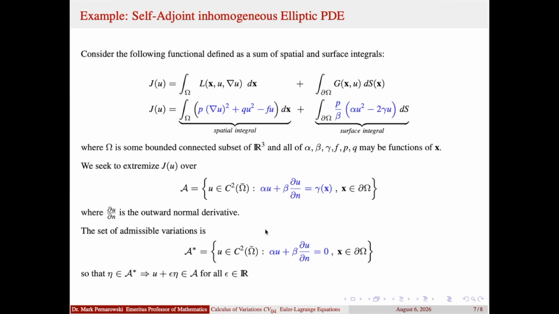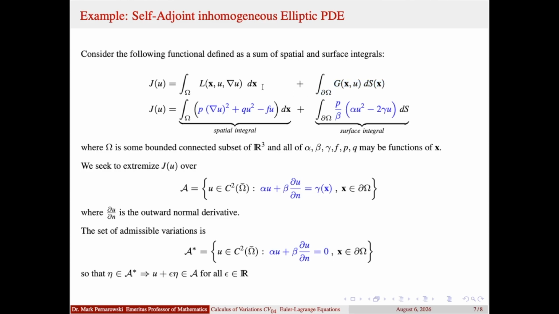So this is a slight variation of the previous problem. J of u is going to be defined by a Lagrangian over a volume integral plus a function g, sometimes referred to as a penalty function, that's defined on the boundary.